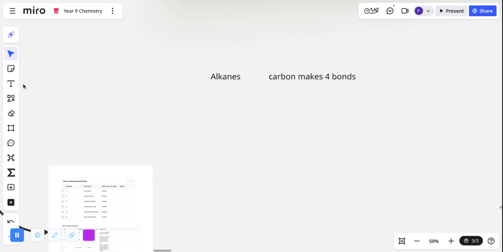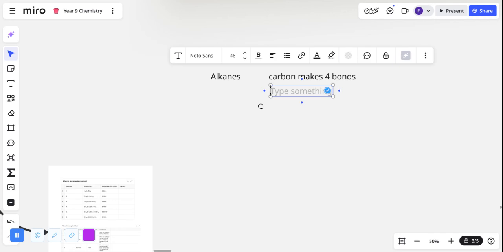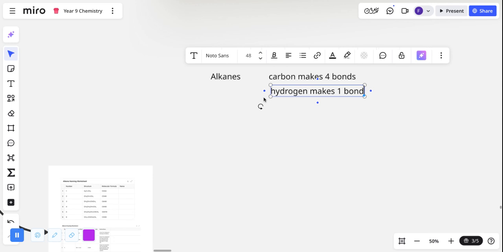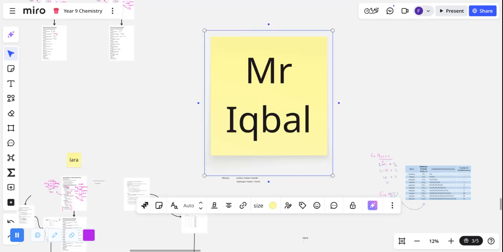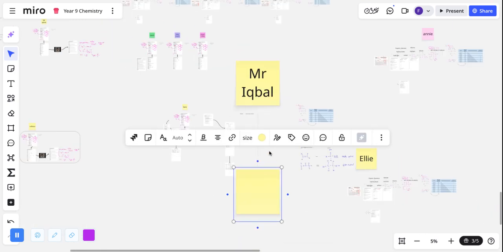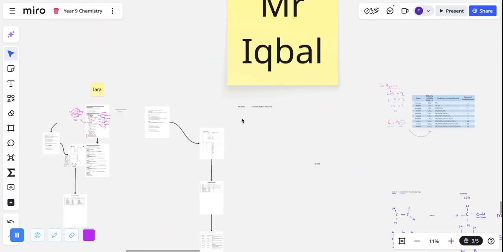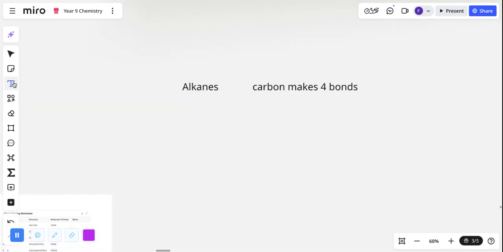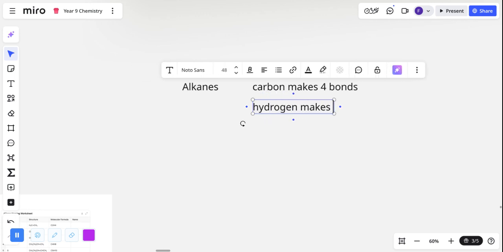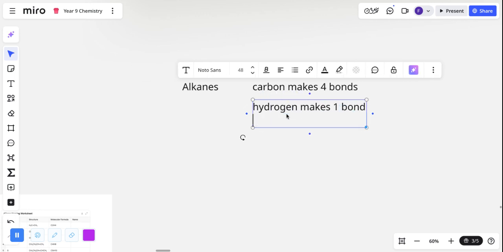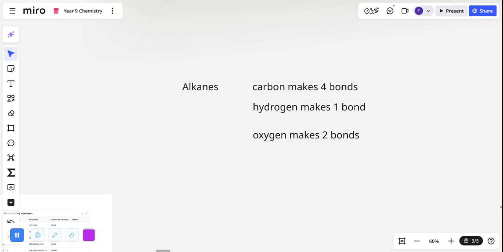So alkanes, and just to recap, carbon makes 4 bonds, hydrogen makes 1 bond, and something that is now new since we did alcohols: oxygen makes 2 bonds.